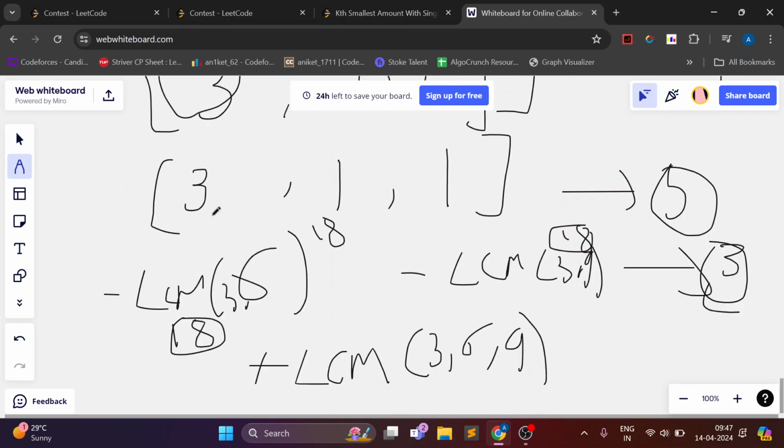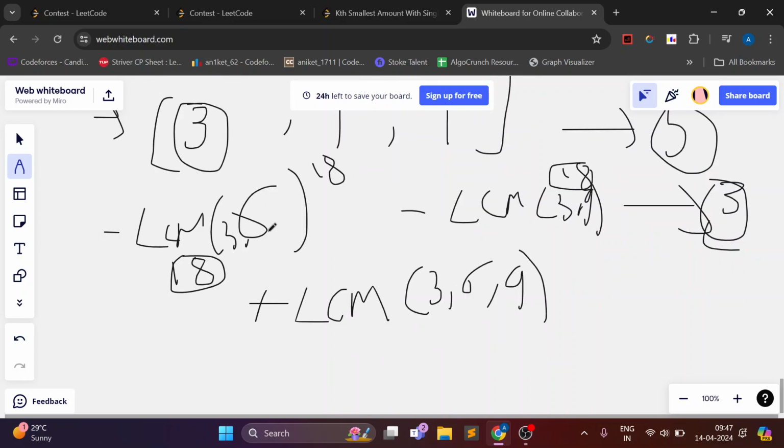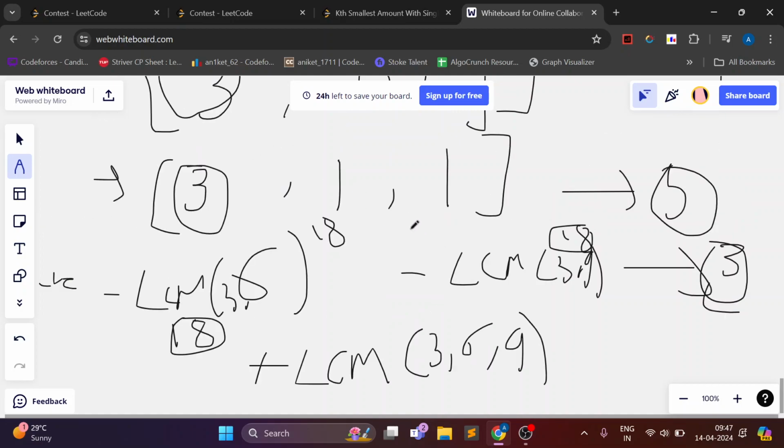So here you can see a pattern: when we consider the LCM of an odd number of elements, we add that multiple, but when we consider an even number of elements, we subtract the multiples. So this is the concept of the question.